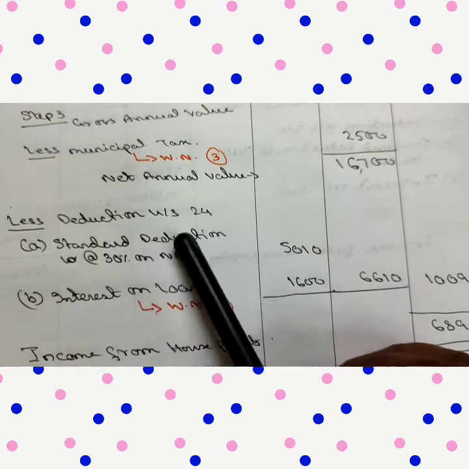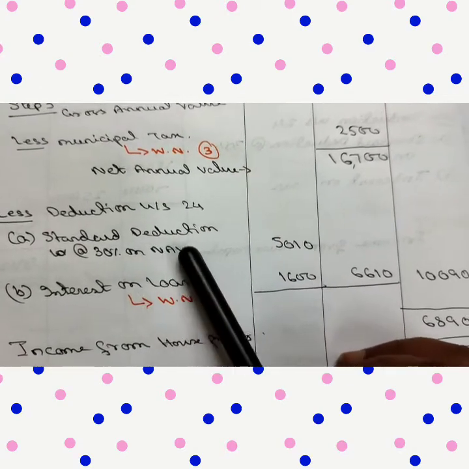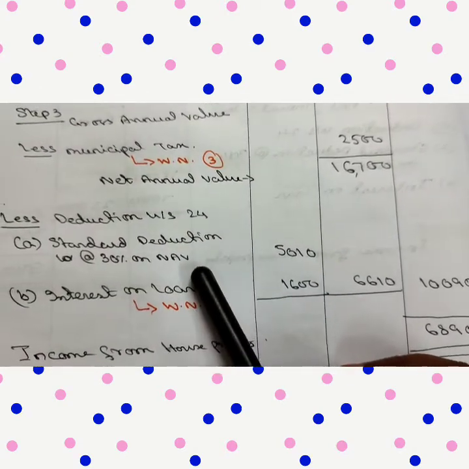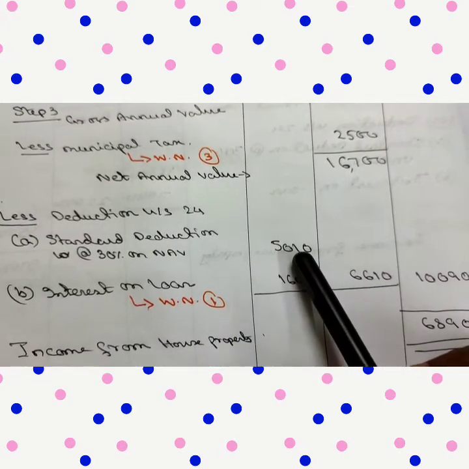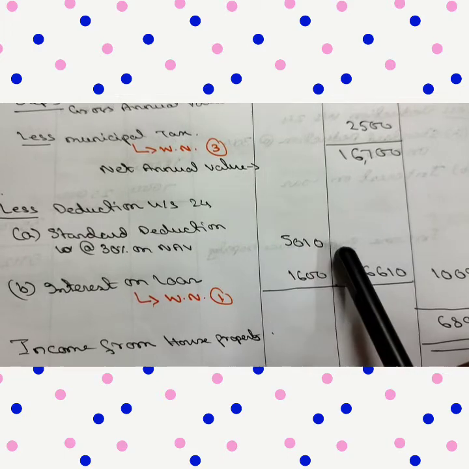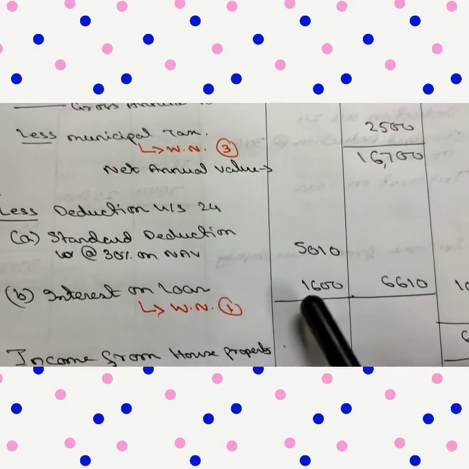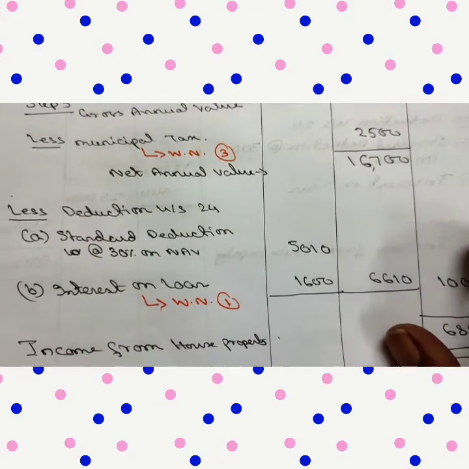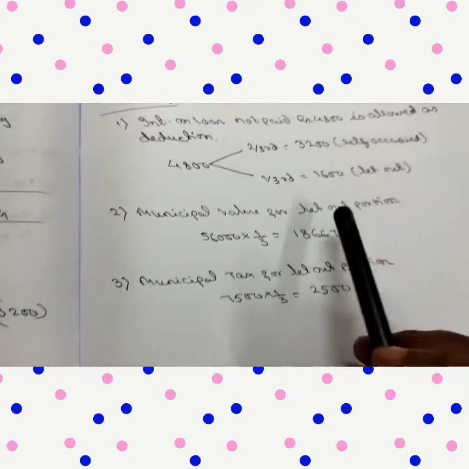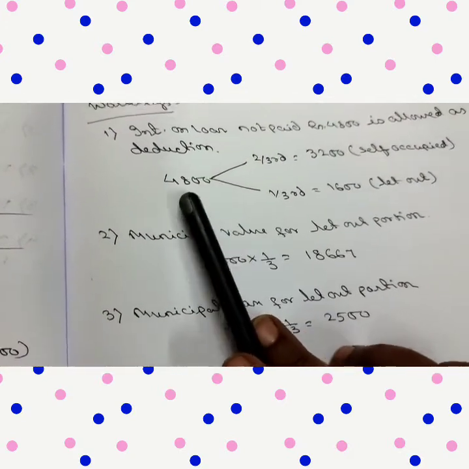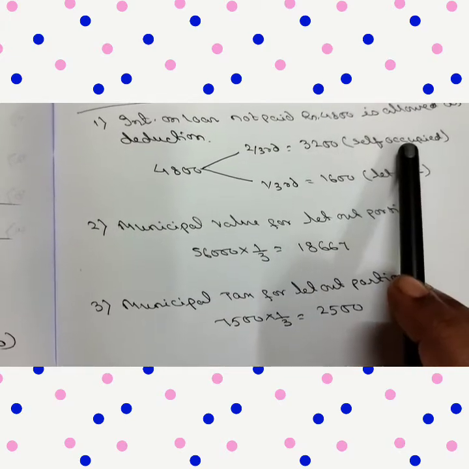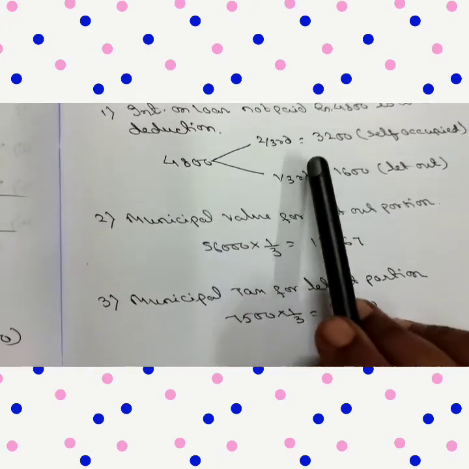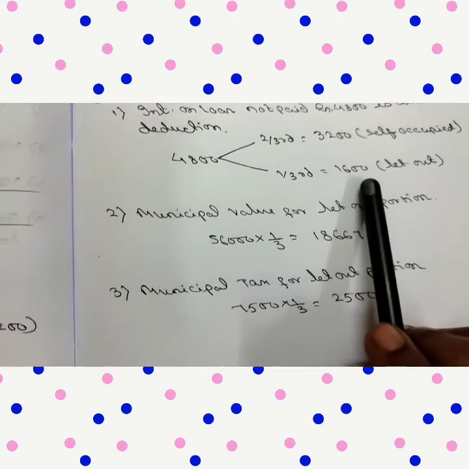Now less deduction under section 24. Standard deduction is 30% of NAV, that is 30% of 16,700, which will come to 5,010. Interest on loan 1600. From working note 1, we have already done it. Total interest on loan was 4,800, out of which 3,200 is for the self-occupied portion, 2/3, and 1/3 is for the let out portion, that is 1600.